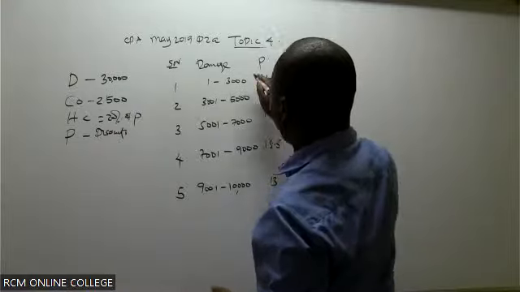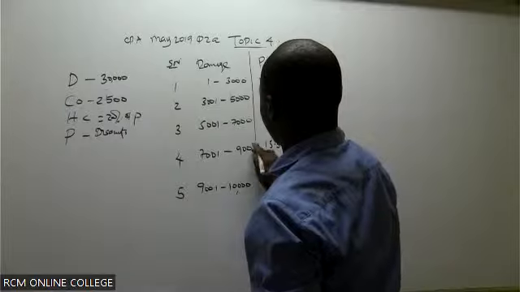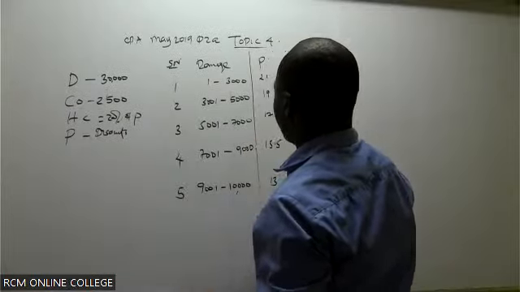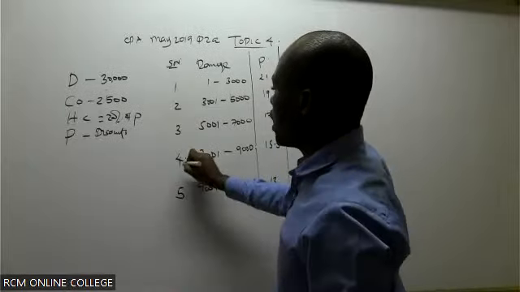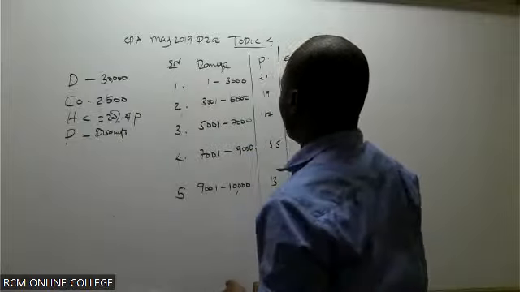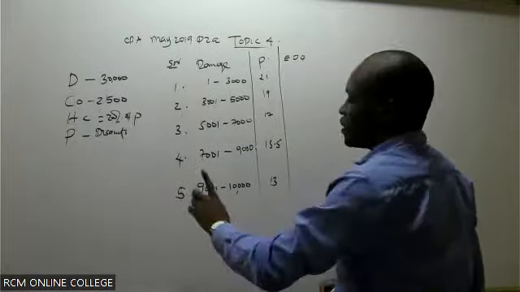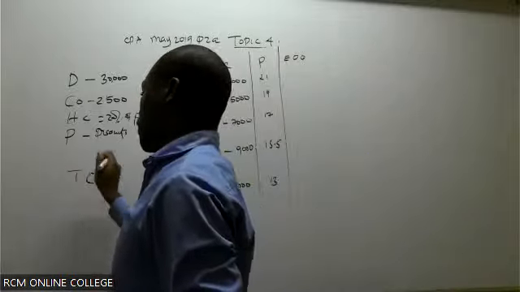After calculating it, we should come up with the real economic order quantity, the one we are going to apply to get the total cost. Our interest here is to come up with the total cost.